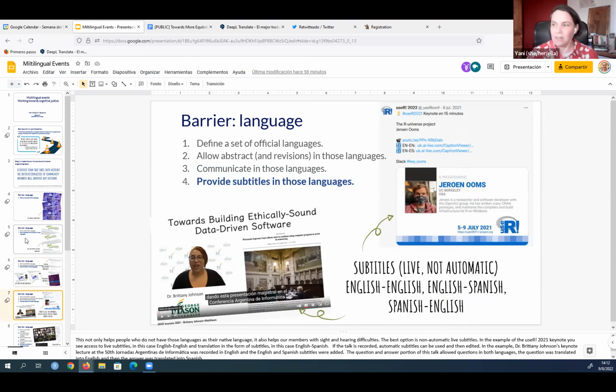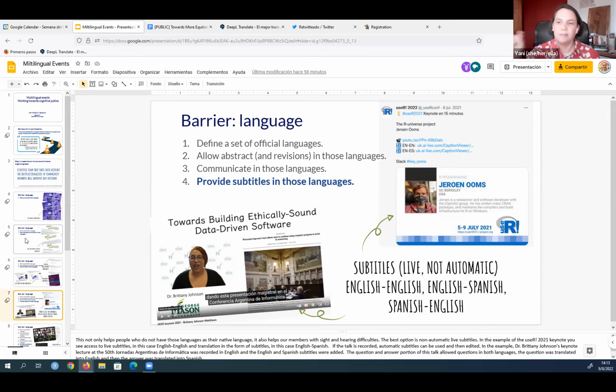Provide subtitles in those languages. In the examples we have, for useR! 2021, we have live captioning by people, not automatic, and we have translation also in the caption form.